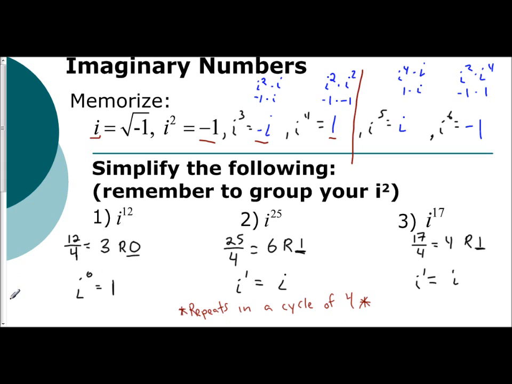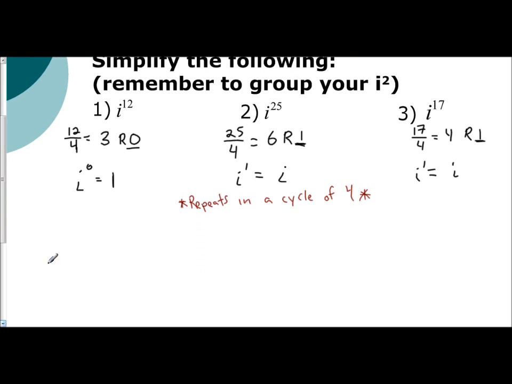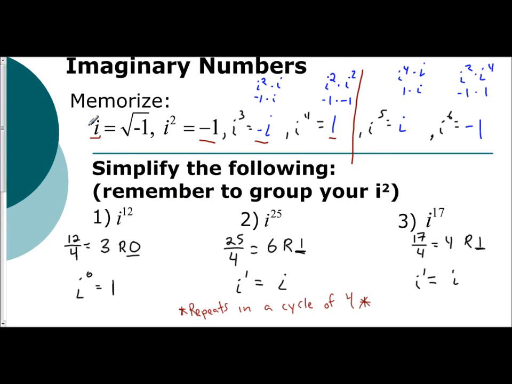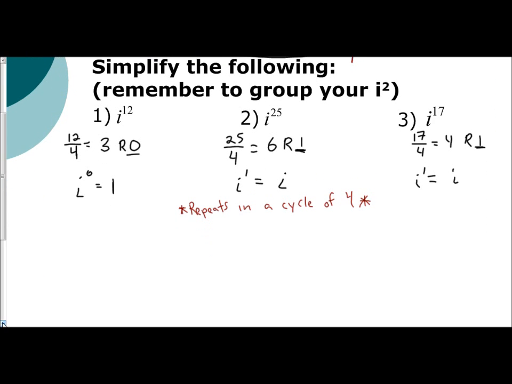So when dealing with simplifying the powers of i, you need to remember it repeats in cycles of 4. My advice is to memorize the first 4 powers of i. And it'd be very easy to get all of your powers of i down just by knowing those because of the pattern. The basic rule is take your exponent and divide by 4.